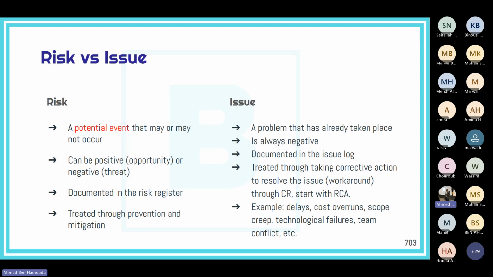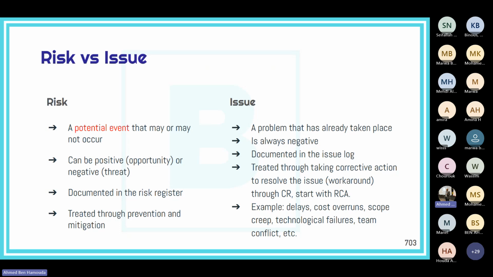And before taking any action, we also need to analyze the root cause of the issue, okay? For example, having delays on a project or cost overruns. If we have cost overruns, before taking any action, we definitely need to understand what the root cause of those overruns is, okay? Analyze them and then decide on an action.